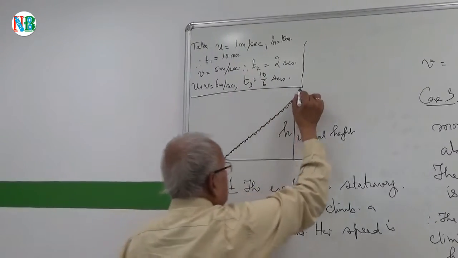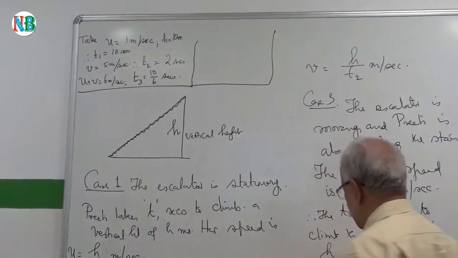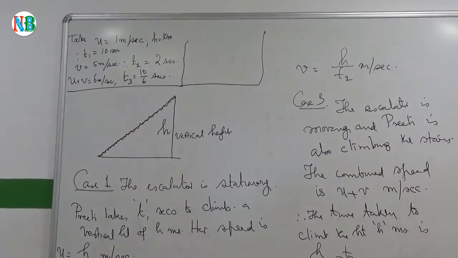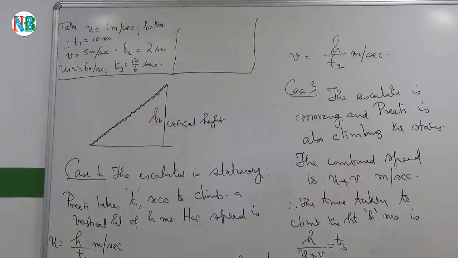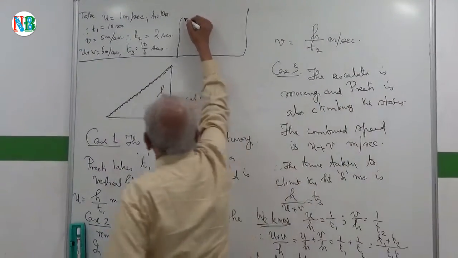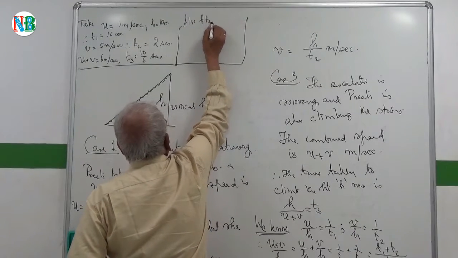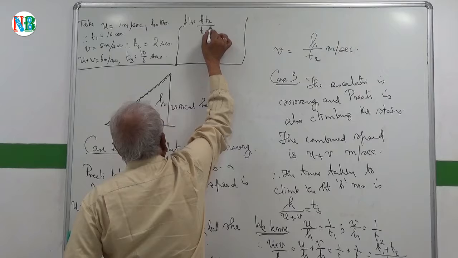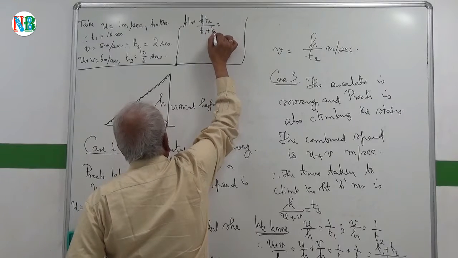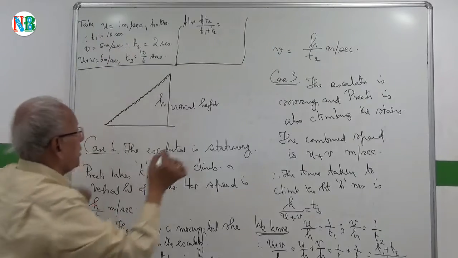Right? So let us check whether this calculation is correct. Let's check what is T1 T2 by T1 plus T2. What is T1 into T2? T1 is 10, T2 is 2, so 20.